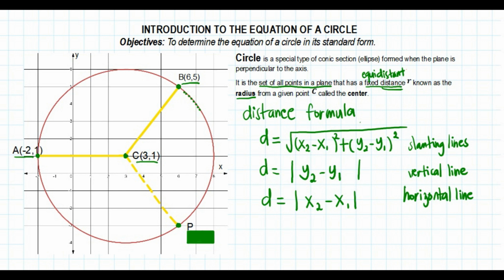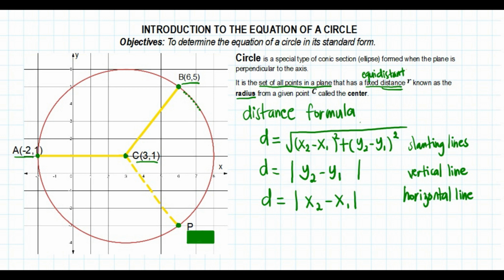Kasi yung isang side nun, which is, for example, x sub 2 minus x sub 1, pareho lang ang magiging number niyan. And, for example, 2 minus 2 becomes 0. So, wala na rin namang isosolve. Kaya, ito na lang yung pwede nating shortcut way to solve the distance formula.